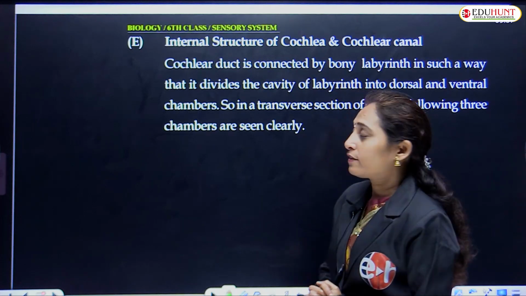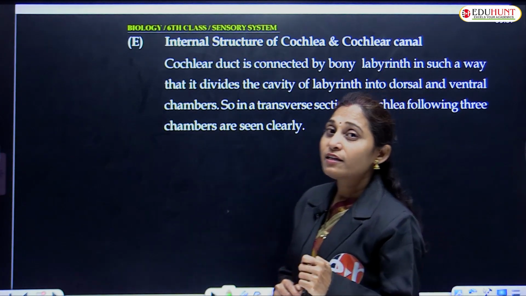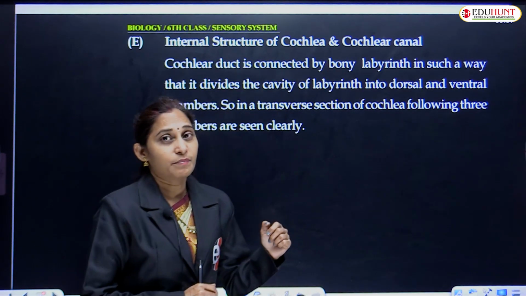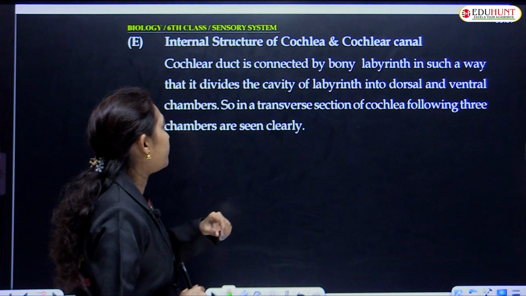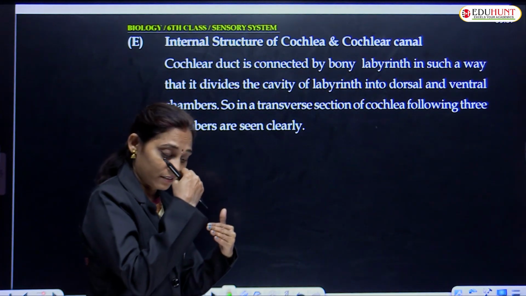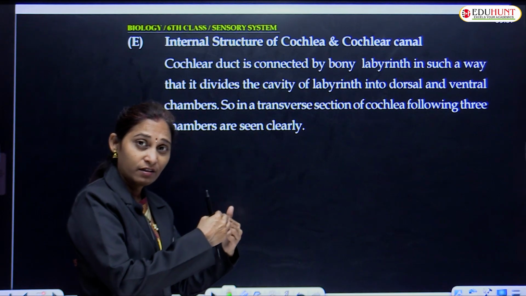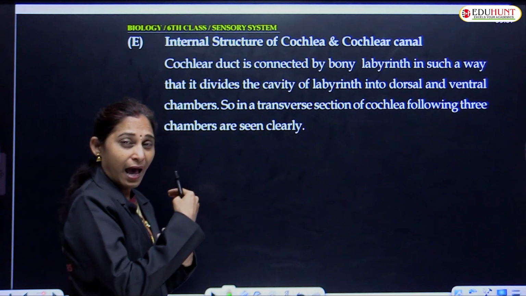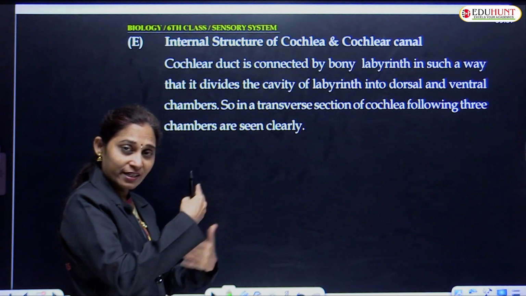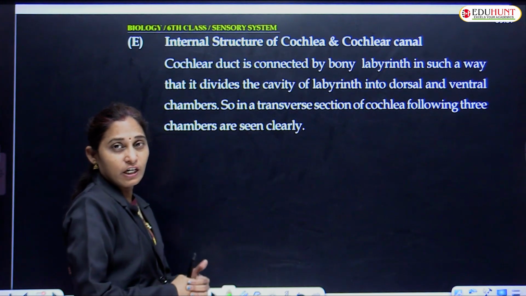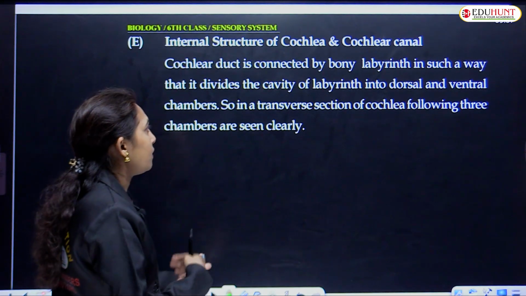And this cochlear duct, or the cochlear canal, is connected to the membranous labyrinth in such a way that it divides the labyrinth into dorsal and ventral chambers. In that way it splits the labyrinth into dorsal and ventral cavities.